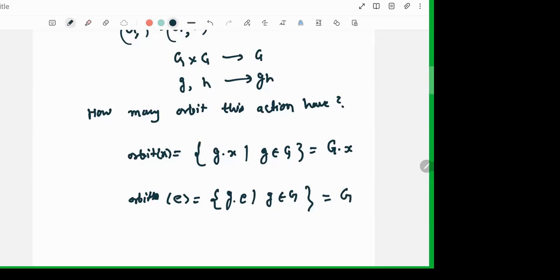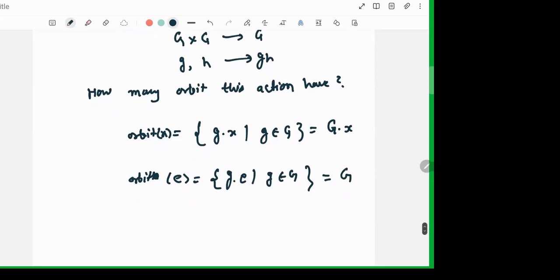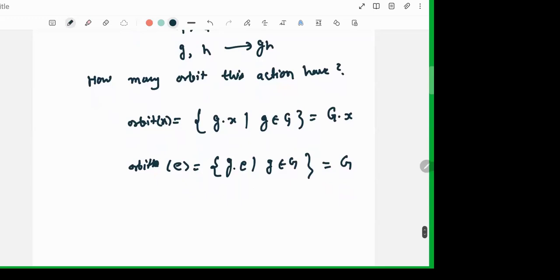I guess he did this in class. This forms an equivalence relation, so it partitions the set. You know from basic set theory that equivalence classes partition the set into disjoint unions. Either two equivalence classes are identical or they are disjoint.